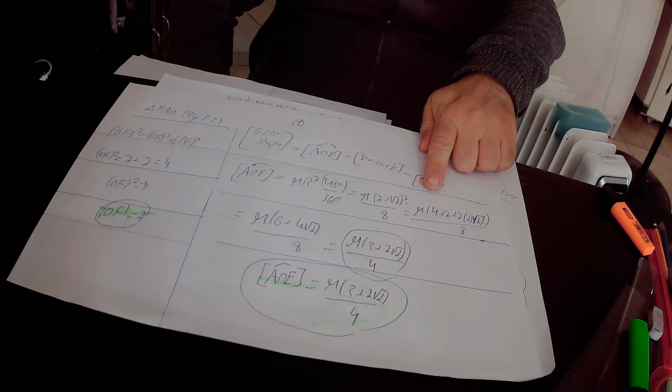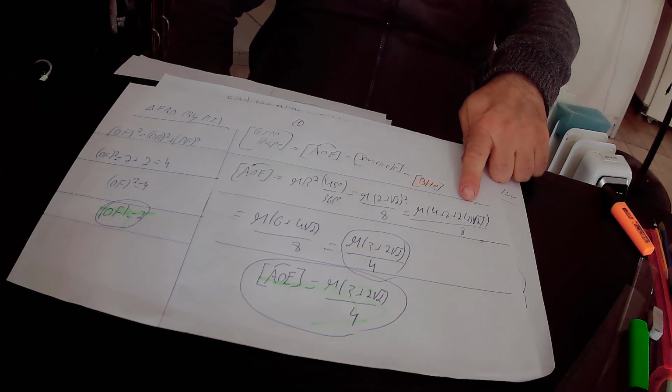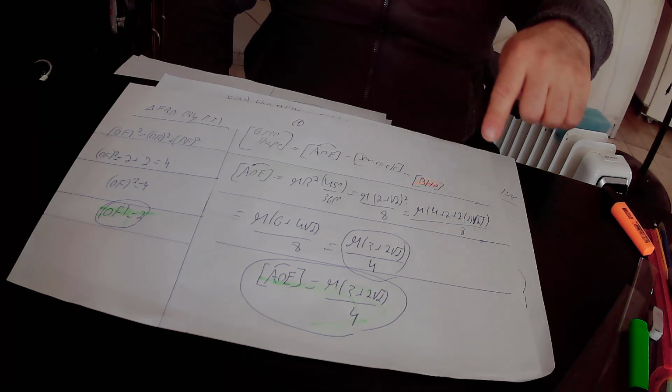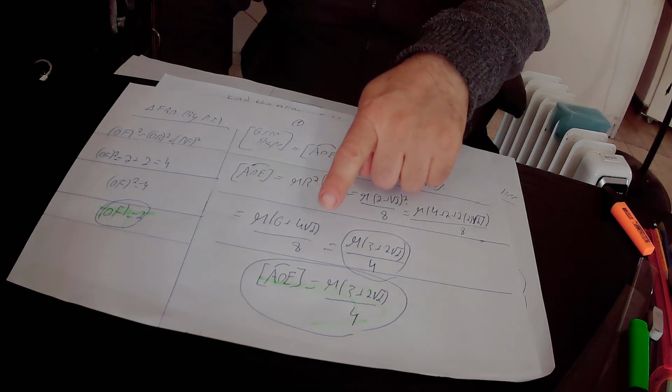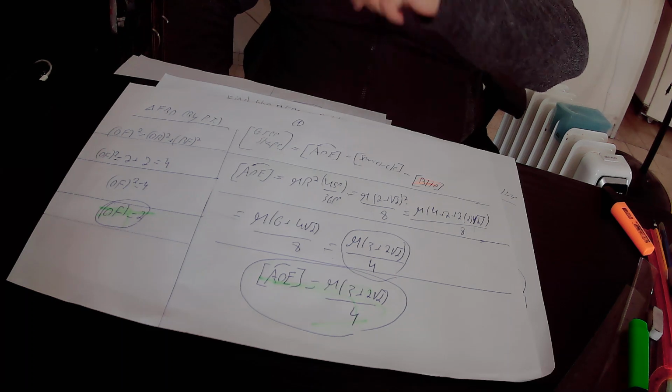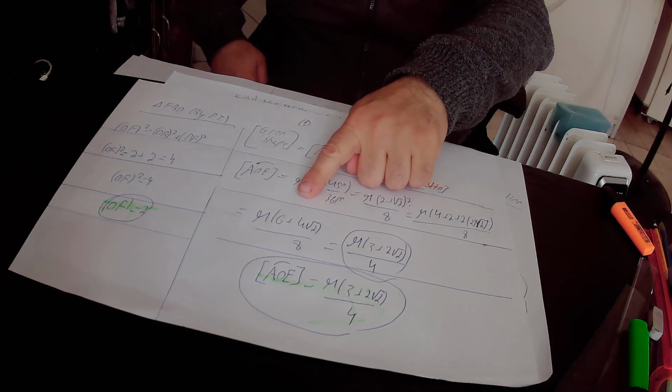So we have the big sector area equals pi, and inside the brackets we have 4 plus 2, that is 6, and here we have 2 times 2, that is 4, so in total this expression equals 4 times square root of 2, all divided by 8. Here we divided both the numerator and the denominator of this expression by 2.